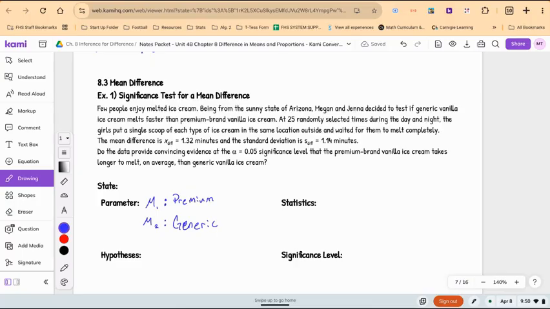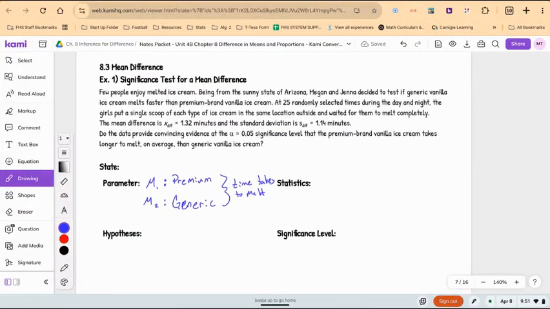And this again is premium versus generic, and this is essentially the time it takes to melt. Okay, so that's what those two represent.